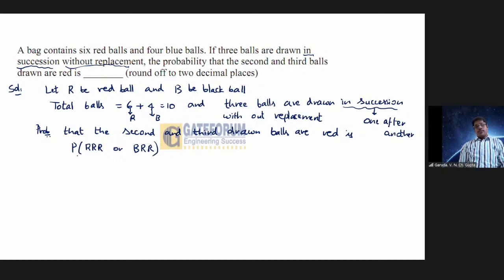This is the notation we are using, R and B. Here are two cases: probability of red ball in first draw, red ball in second draw, red ball in third draw. And another case, probability of blue ball in first draw, red ball in second draw, red ball in third draw. So these are mutually exclusive cases.